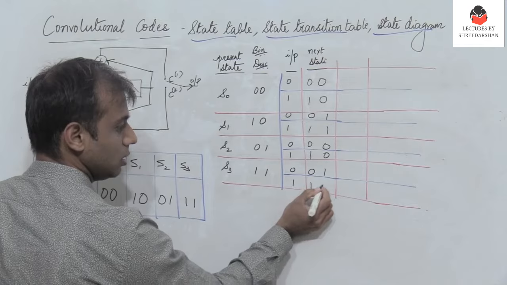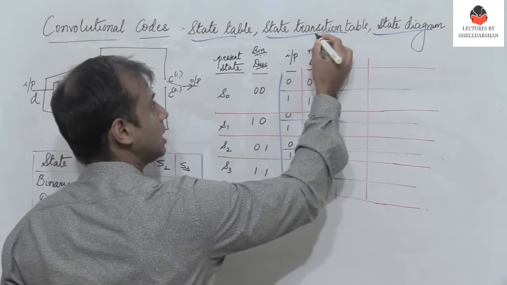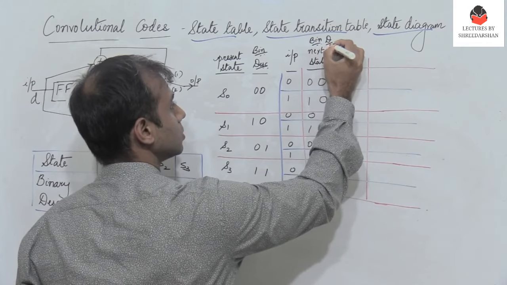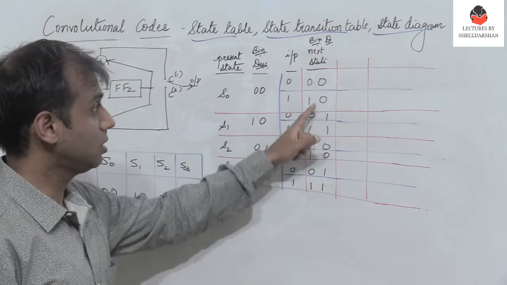And if it is 1, of course I would have a 1 here. So the next states are 0, 0, 1, 0, 0, 1, 1, 1, 0, 0, 1, 0, 0, 1, 1, 1. Here I have actually indicated the binary description.